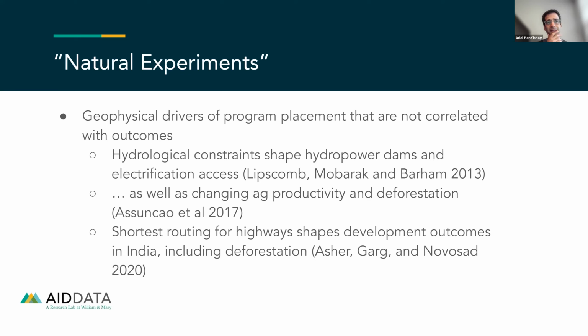There is also lots of work in India and other places, thinking about highways and their routing as natural experiments. The Golden Quadrilateral routing of main highways in India between main cities essentially means that intermediate locations, villages and towns on the direct route between major cities like Mumbai and Delhi are much more likely to receive the transportation upgrading and improved market access from these highways.